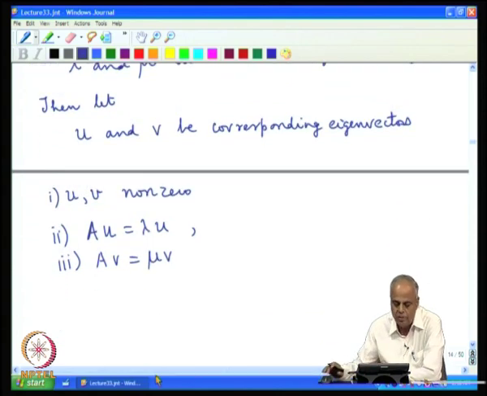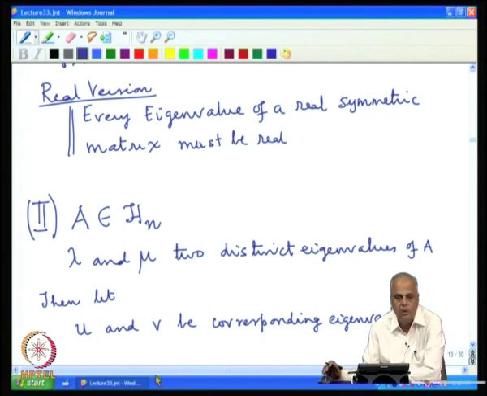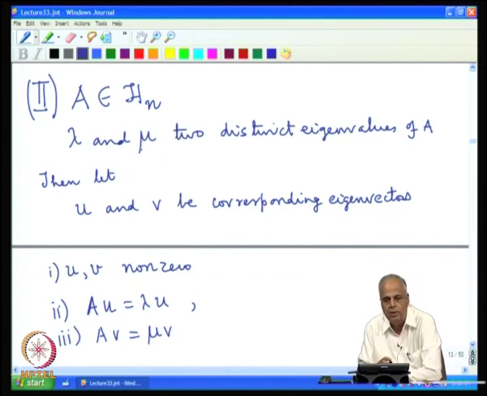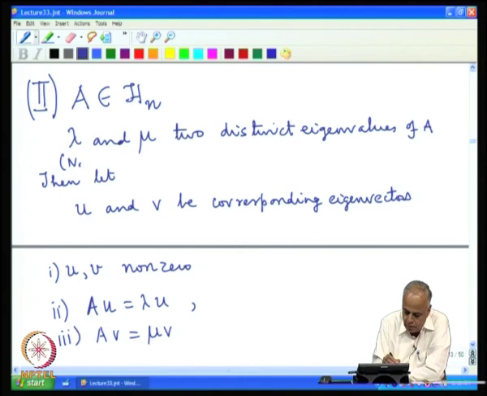Now, notice that we have already shown that all the eigenvalues of a Hermitian matrix must be real and therefore, since lambda and mu are eigenvalues of the Hermitian matrix, lambda and mu must be real. So, note by 1, lambda and mu are real.